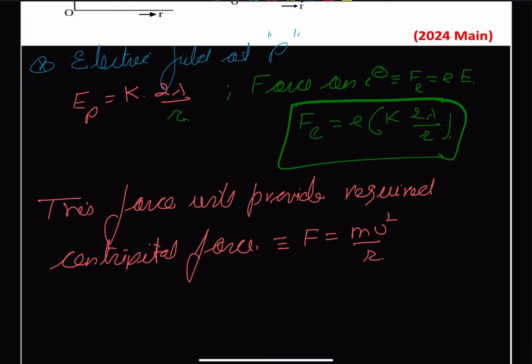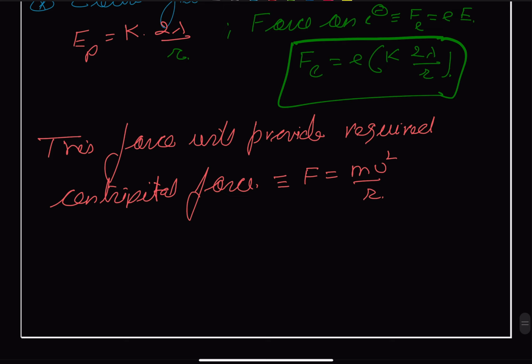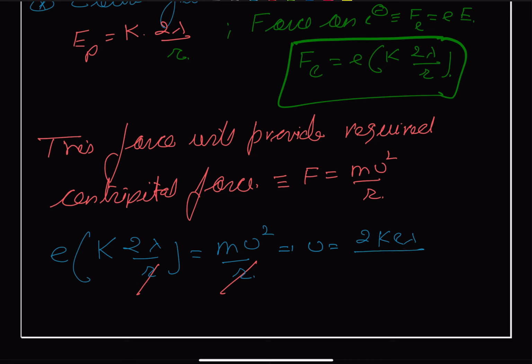So we can just equate them. We get e multiplied by K 2 lambda upon r is equal to mv square upon r. And here our r and r cancel out. So we can write our velocity v is equal to the square root of 2Ke lambda divided by m.